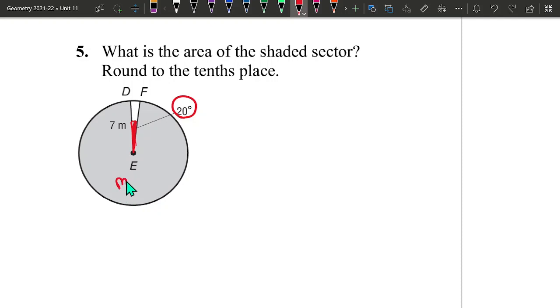So in degrees is the shaded one. I don't know what that is, but I know a circle has 360 degrees. And if I subtract the 20 degrees that's not included in that sector, then 340 degrees equals M.